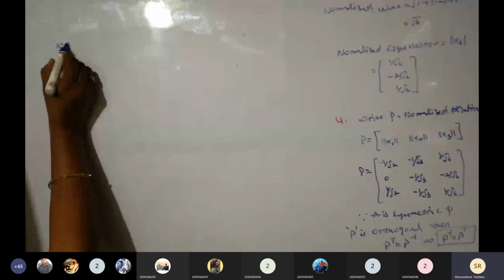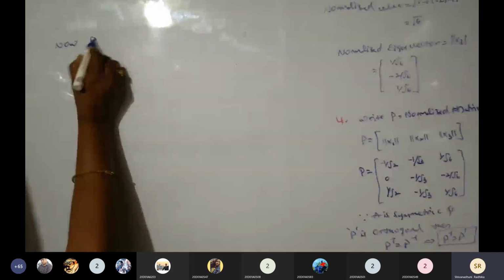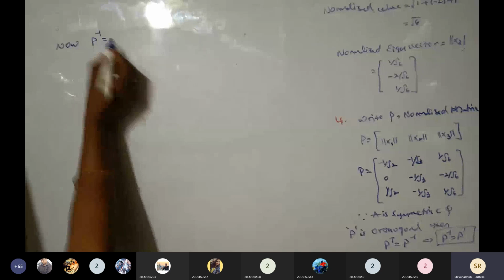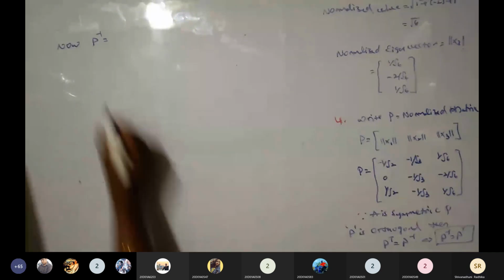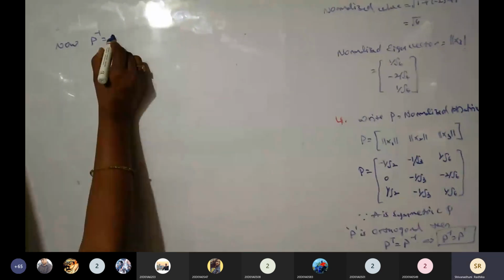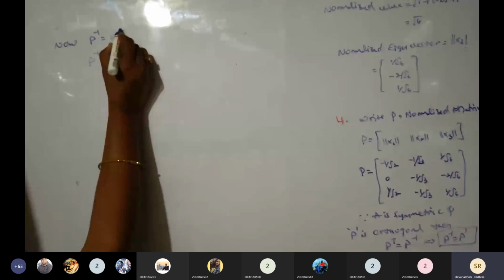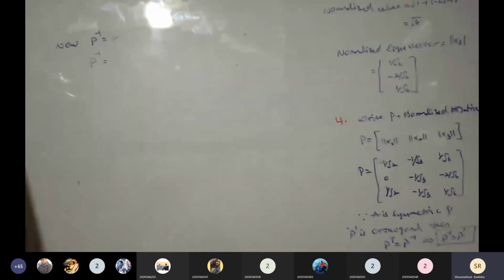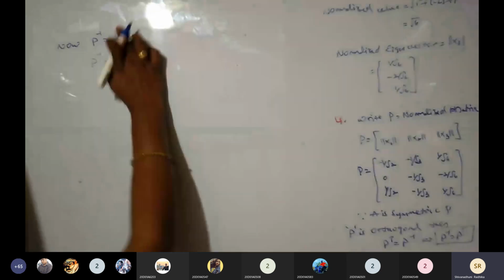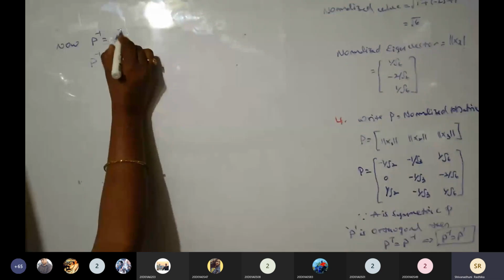And here, now, P inverse equals P transpose. So, P inverse equals, I'm going to transpose the given capital P matrix, and do the transpose of the given capital P matrix.